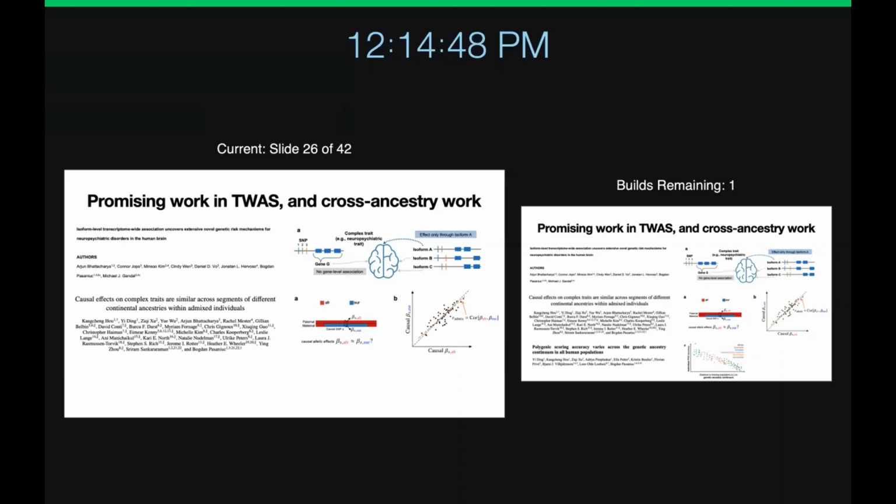So if you want to look at ancestry effects, comparing blocks of DNA in admixed populations is probably the best way to try to estimate if there is an ancestry effect or not. There's a recent preprint that's, I think, a promising approach to try to disentangle ancestry-based effects by looking within admixed individuals.